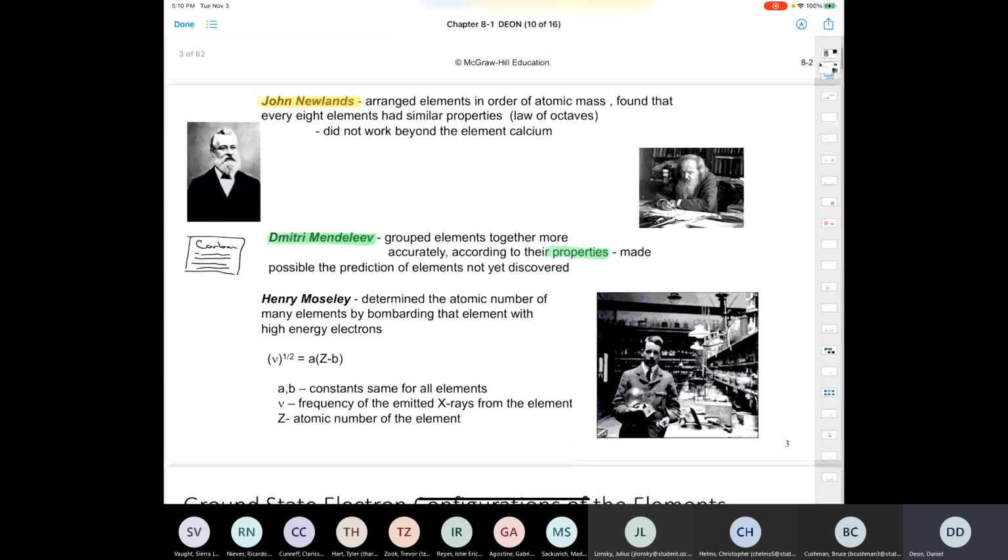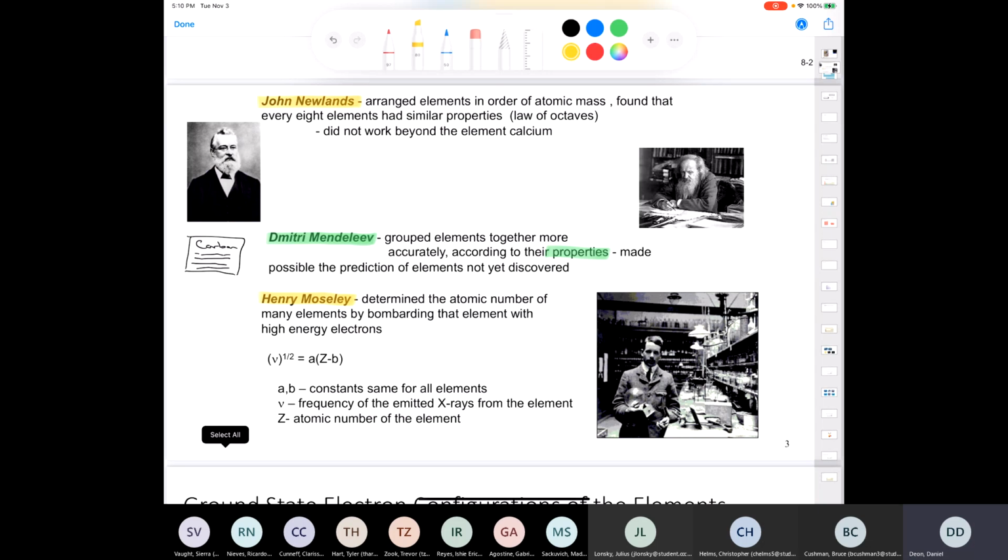A little bit more about not organizing the elements in terms of their molar masses, because even though Mendeleev did have the elements organized according to their reactivity, he didn't know about protons, electrons, and neutrons. But later on, we see that Henry Moseley determined the atomic number of many elements by bombarding them with high-energy electrons.